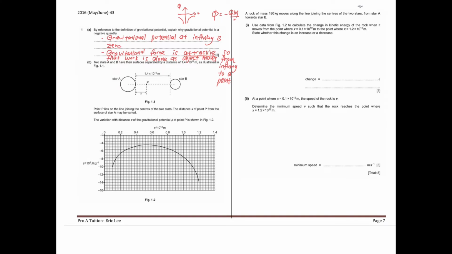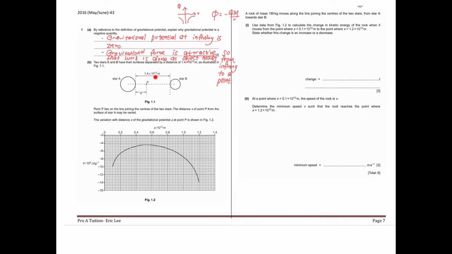Now let's look at B then. Let's look at B. Two stars A and B have their surfaces separated by a distance of 1.4 times 10 to the power of 12 meter, as illustrated in figure 1.1. So as you can see here, they are separated by 1.4 times 10 to the power of 12 meter.